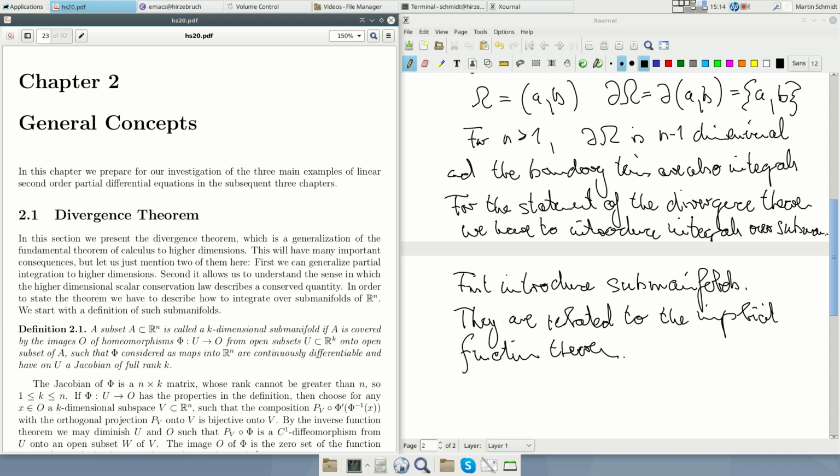We introduce another one because we will use this definition 2.1 later in order to introduce the integrals over submanifolds.